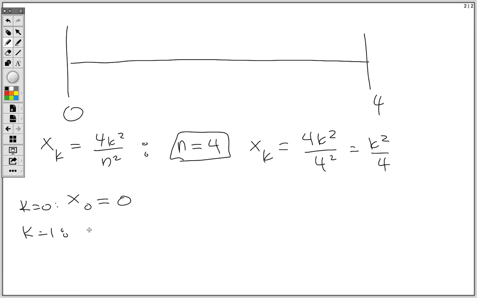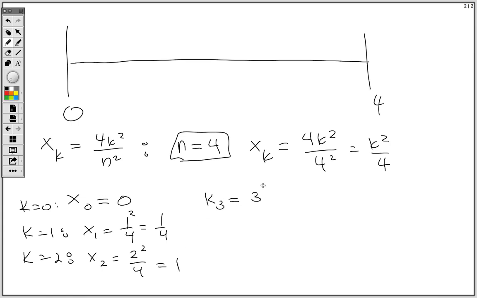When k equals 1, I get x sub 1 as a quarter. When k equals 2, I get 2 squared over 4, which is 1. When k is 3, I get 3 squared over 4, which is 9/4, which is 2.25. And then k equals 4 is 4 squared over 4, which is 16 over 4, which is 4.